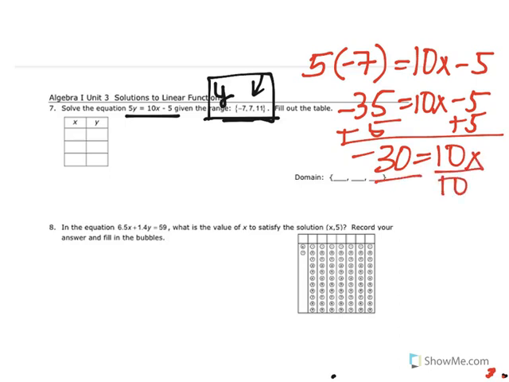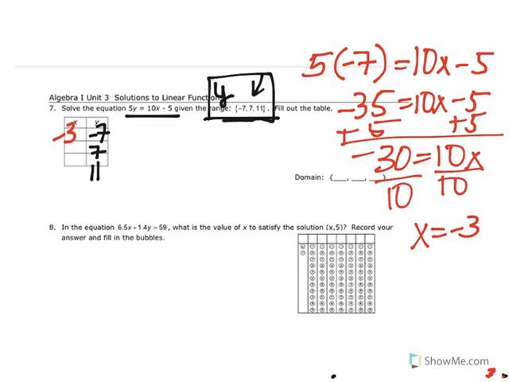Divide by 10, and x equals negative 3. So remember, on this one they gave us the y, negative 7, we know that x is negative 3. And then we could do that again for positive 7 and then again for 11.